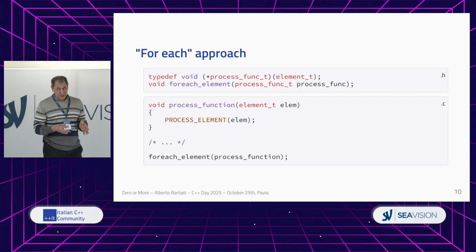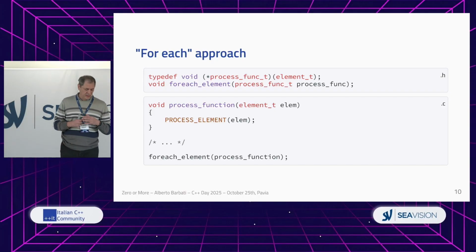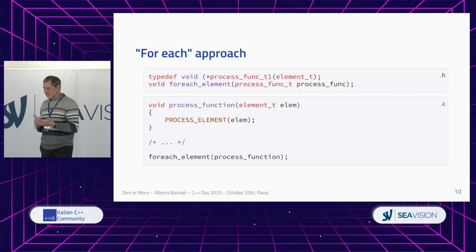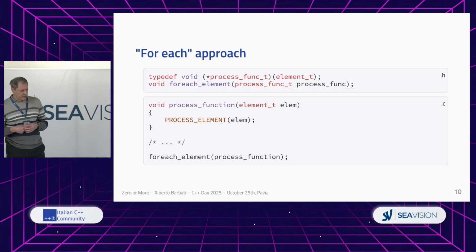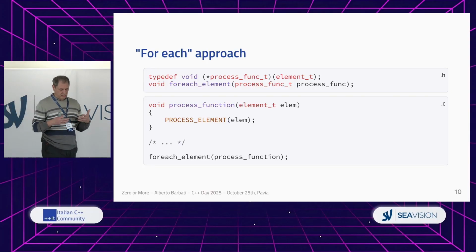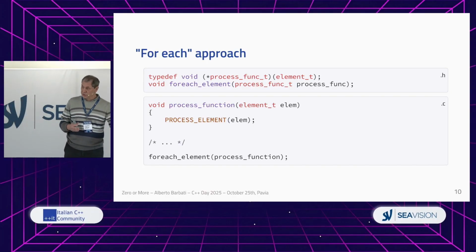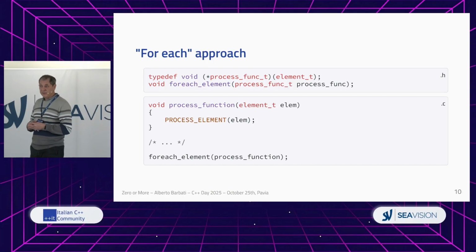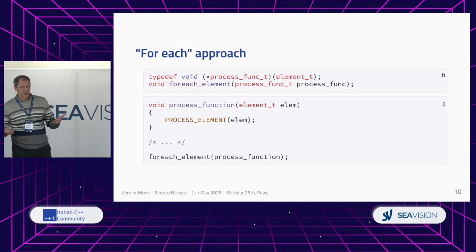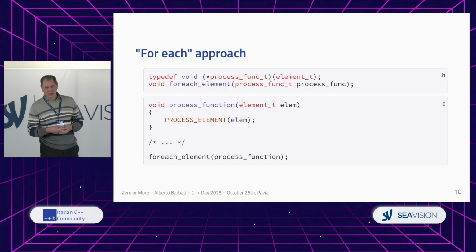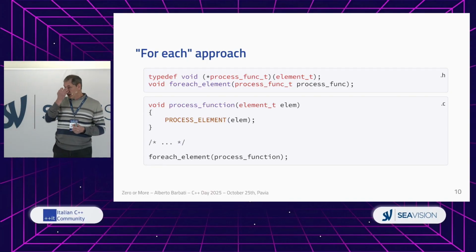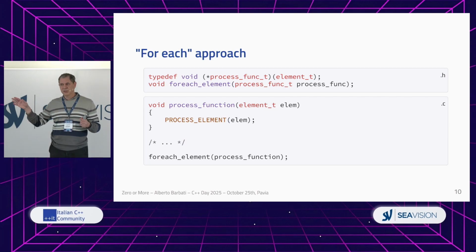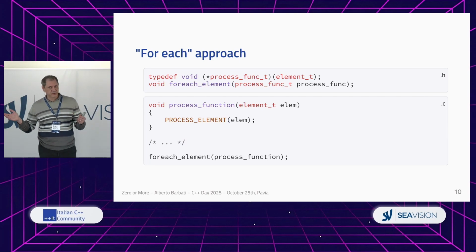This is interesting because sometimes in certain situations the function that produces the elements, in this case the for each element, may have a different way of iterating the structure. Imagine you have a function that needs to produce elements by traversing a tree structure or a graph.